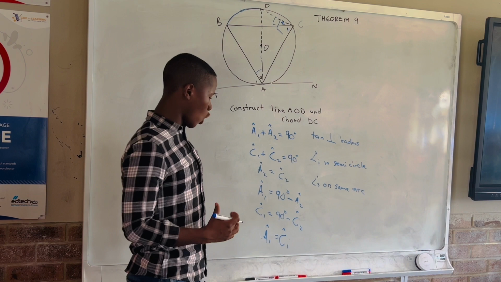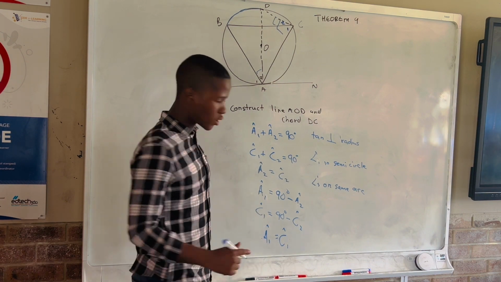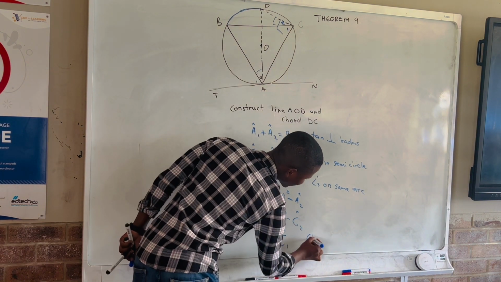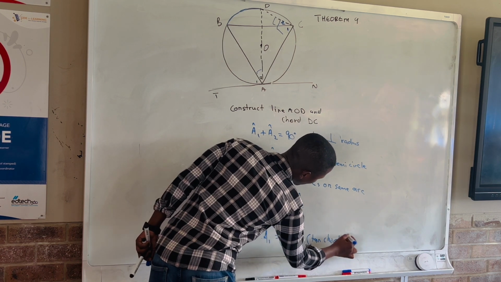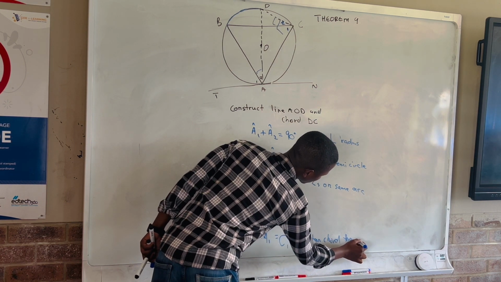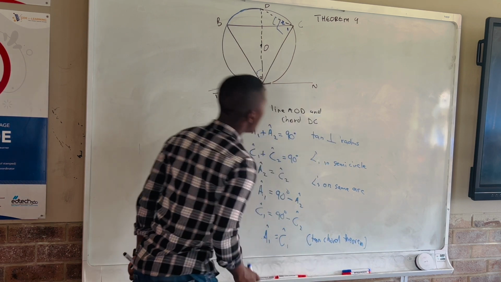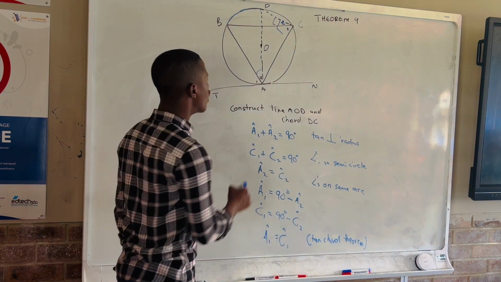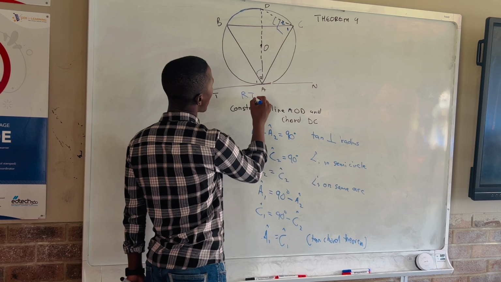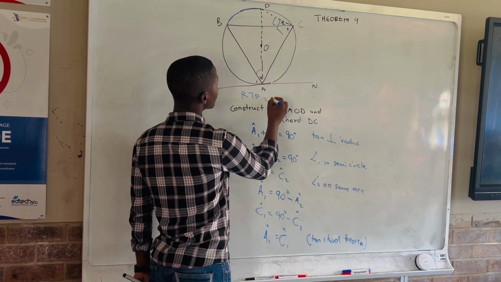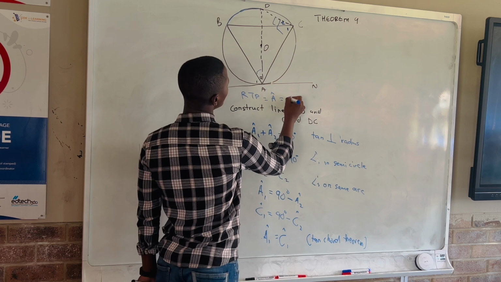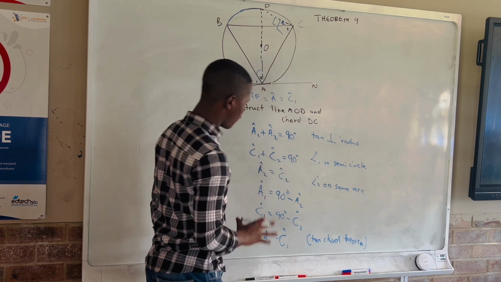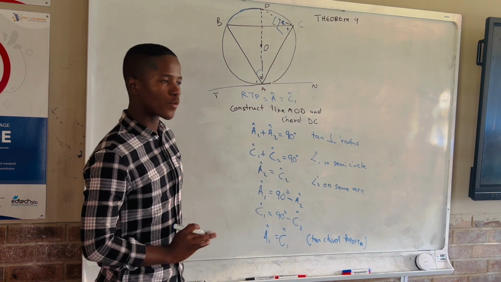This is because of your tan chord theorem. Remember, this is your tan chord theorem. You are required to prove that your angle A1 is equal to your angle C1. Therefore, this is how you go about proving this.